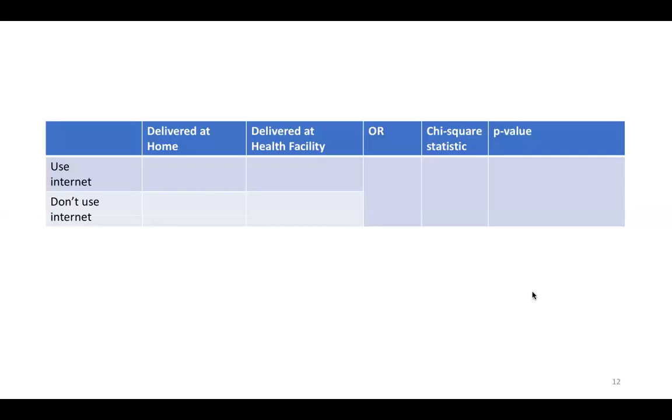In case control studies, we calculate odds ratios, which is simply the ratio of the odds, which in turn is the ratio of event to not event. Here we have defined event as delivery at home.